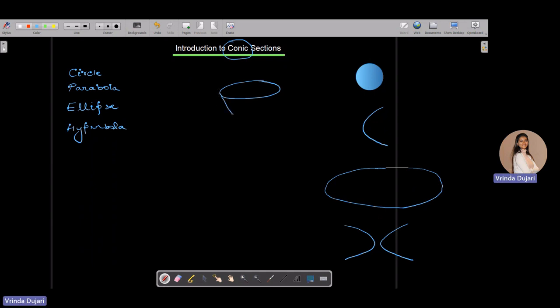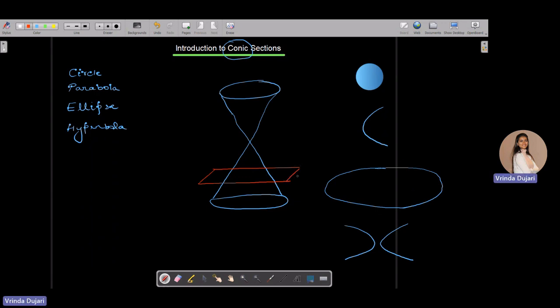I will try my best to draw this. So this is a cone. Actually, this is a double cone. And just imagine that you have a plane and you keep cutting sections of this cone.